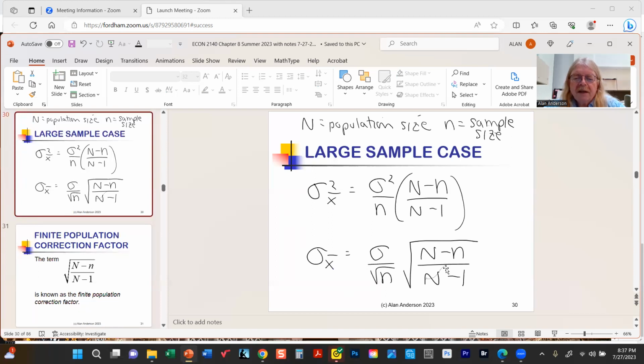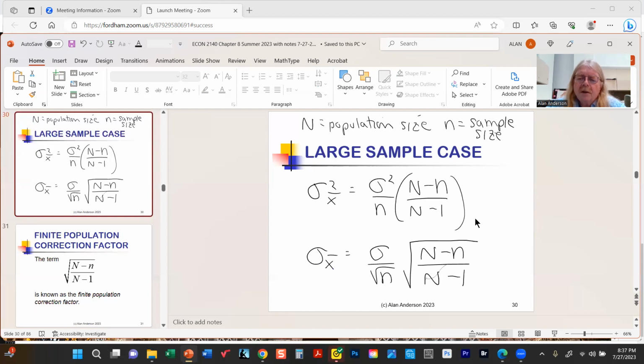And for the standard deviation or standard error, we have the square root of that same term. Unless the difference between capital N and lowercase n is huge, this number will be slightly less than 1. We're just trying to knock the variance and standard deviation down a little bit to reflect the fact that we have a large sample, which means that the means should be more similar to each other than for small samples.